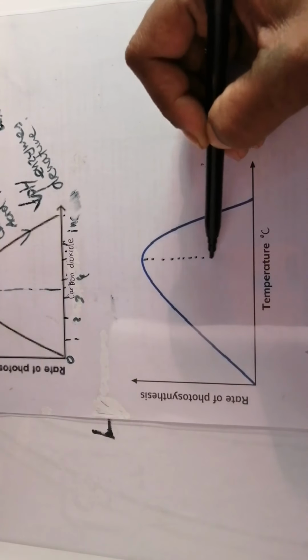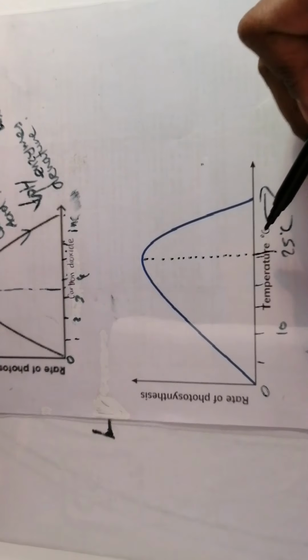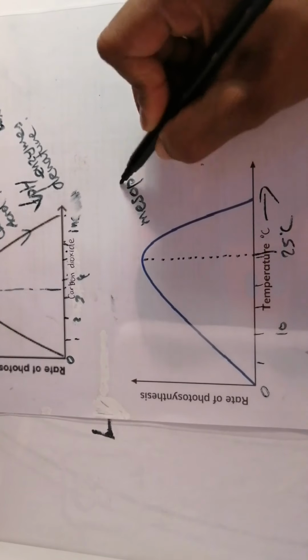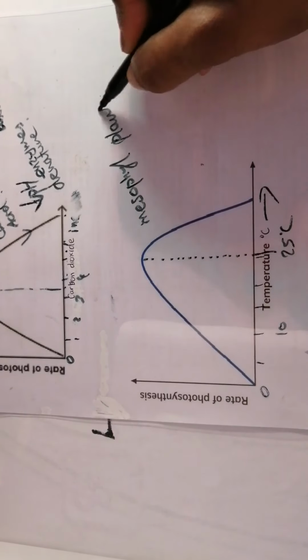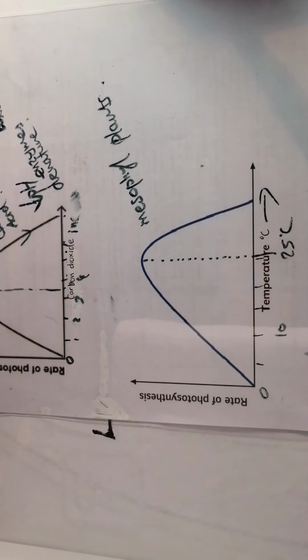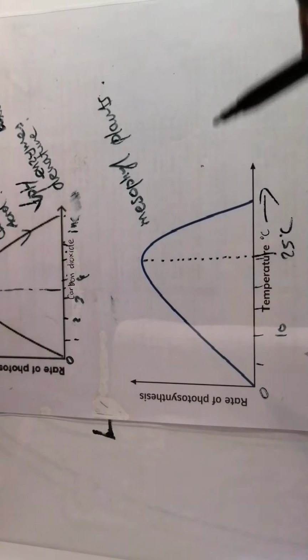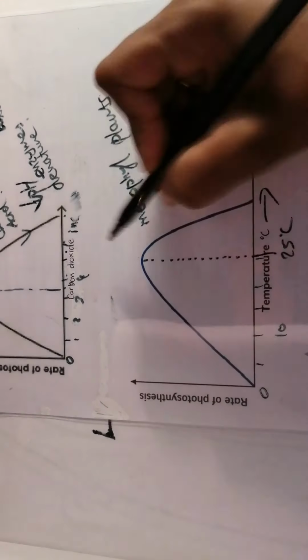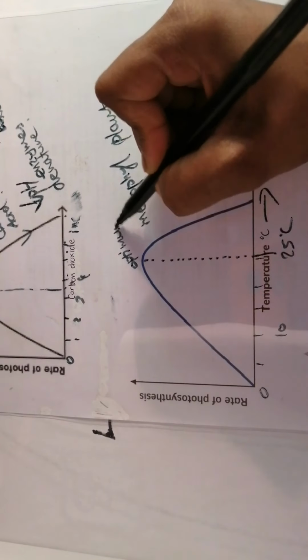As the amount of temperature increases, here increasing, if we can put some values, I'd put this as 25 degrees Celsius, and somewhere along there is 10, etc. Okay, that means that at 25 degrees Celsius, that is the optimum temperature for this plant to photosynthesize, and that is speaking about mesophyll plants or mesophytic plants, where they are able to photosynthesize at normal room temperature, right? So 25 degrees is generally the optimum temperature. You've got the word there on your book, optimum, best.